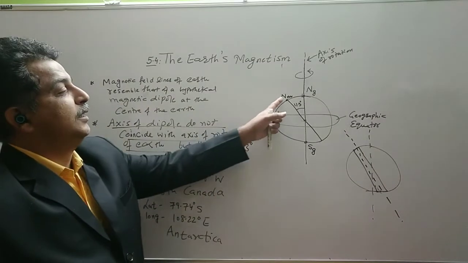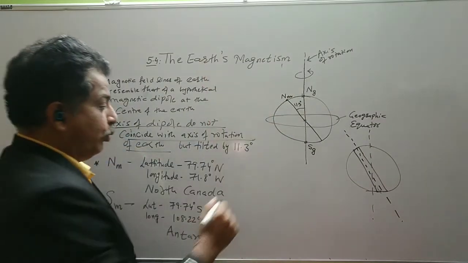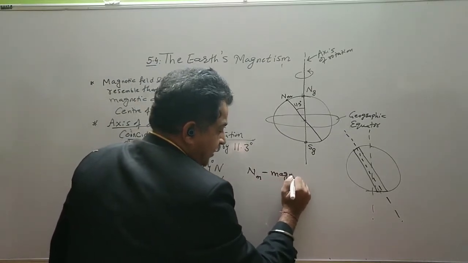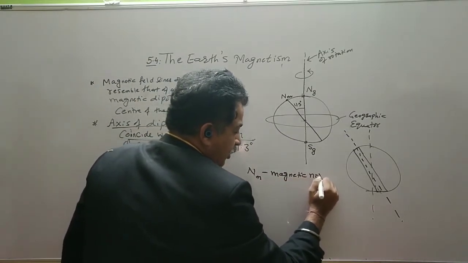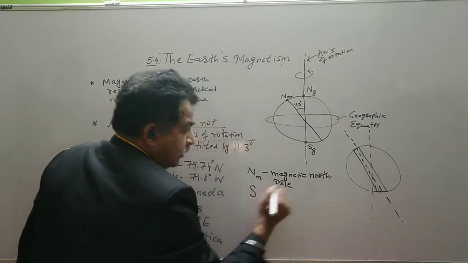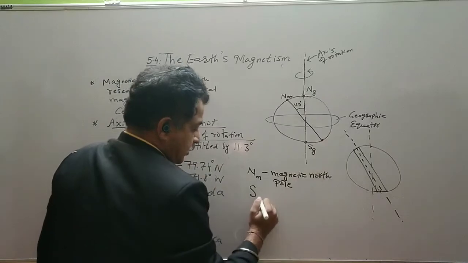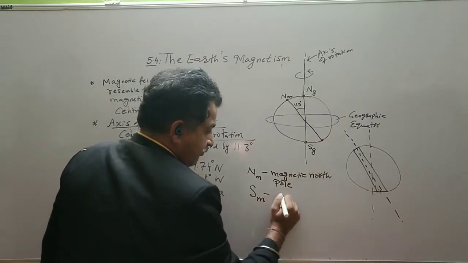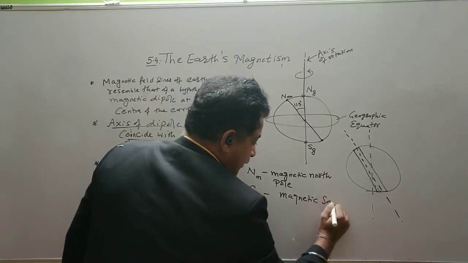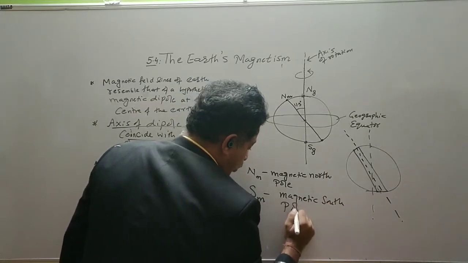So the point near the geographic North Pole is named the magnetic North Pole, and the point near the geographic South is named the magnetic South Pole. Now how are they named?